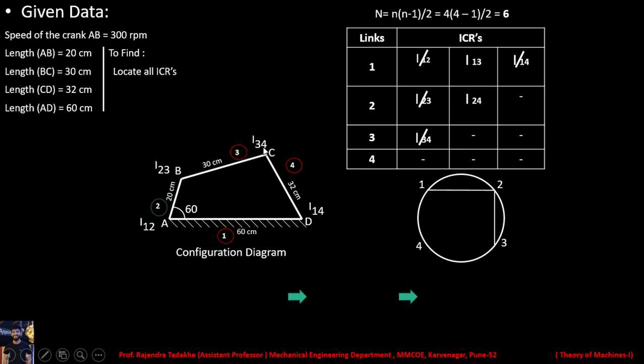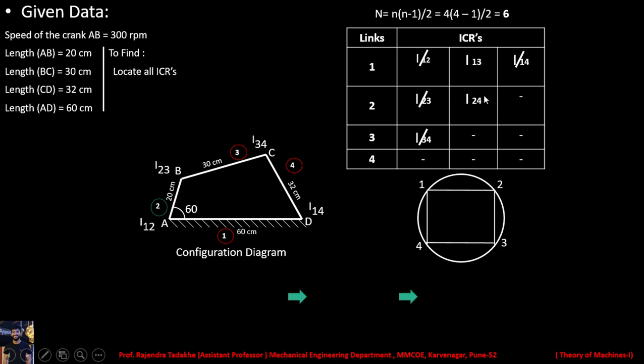Then 3, 4, located, so join 3, 4 by a dark line. Then 1, 4, located, so join 1, 4 by a dark line. So 4 ICRs we have located and we have made 4 dark lines. Okay, that's done.